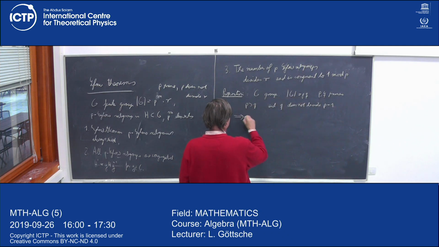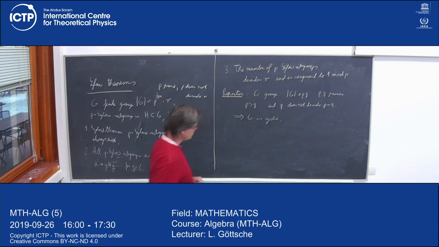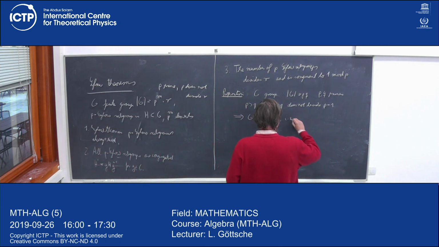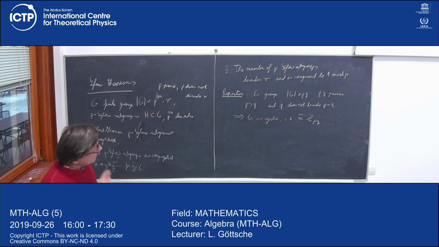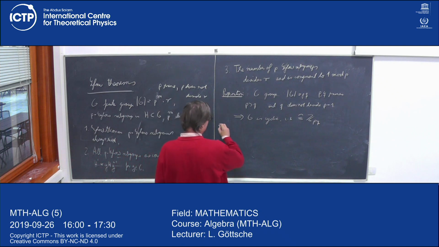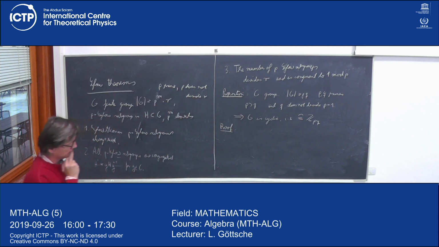Then it follows G is cyclic. Okay, so that means it's isomorphic to Z mod pq.